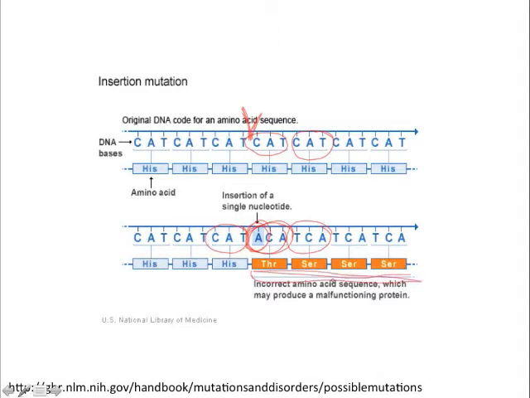And so that can again have a major change on the protein, which could potentially kill the organism, or maybe the change is good and it's positively selected. Most mutations aren't positive, but a few are.